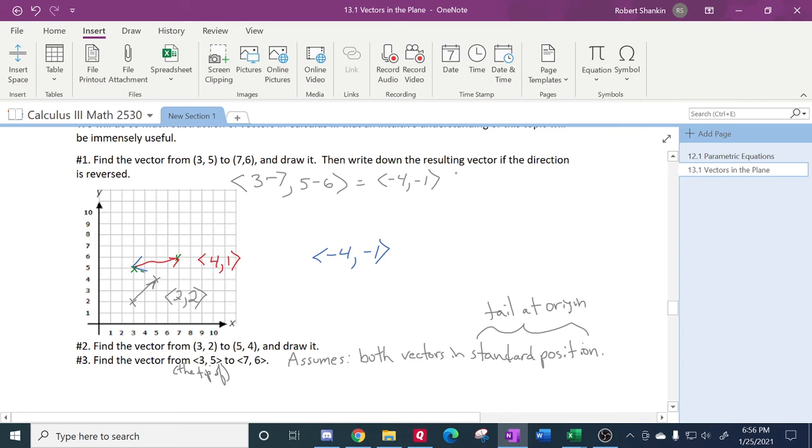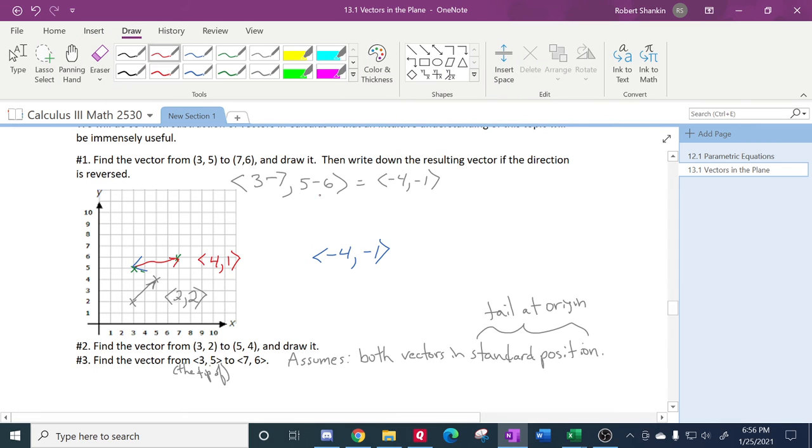That's the one you would get if the direction was reversed. So for the subtraction to work out to be the correct vector, you always have to say where you end up minus where you started. So you've got to do it in this order: 7 minus 3, 6 minus 5, 4, 1.